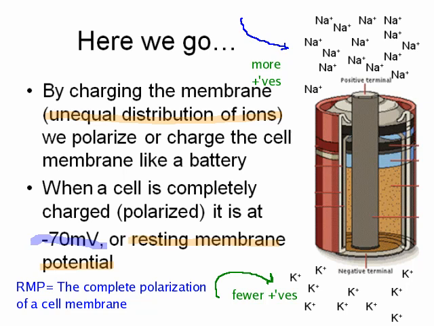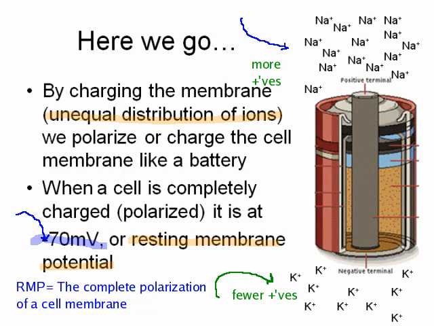Now, this goes back to that exact same thing that we've talked about before. You can't have something that has less than 0 volts. So that negative that you see plopped in there is actually referring to the fact that the inside of the cell is slightly less positively charged than the outside.